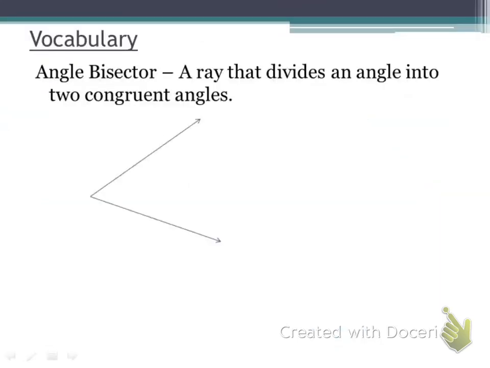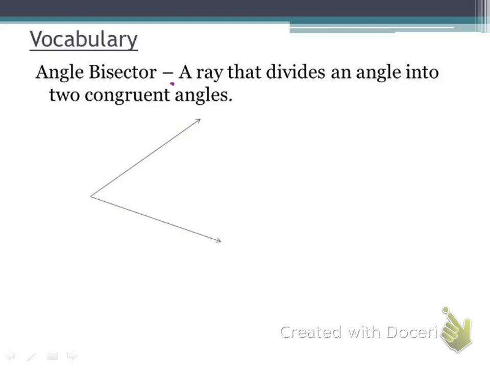All right, you have one vocabulary word today. It is angle bisector. An angle bisector is a ray that divides an angle into two congruent angles.